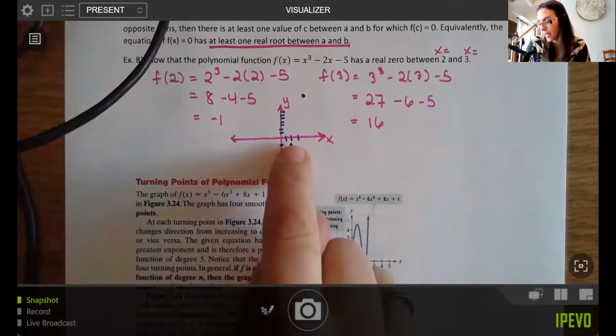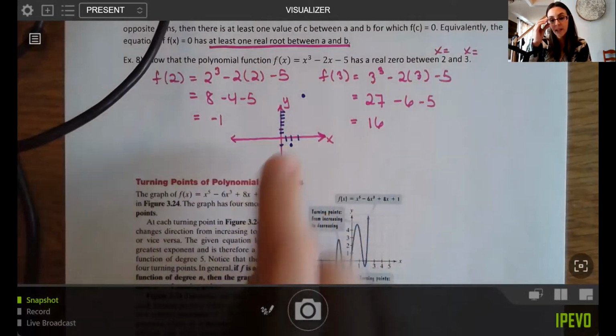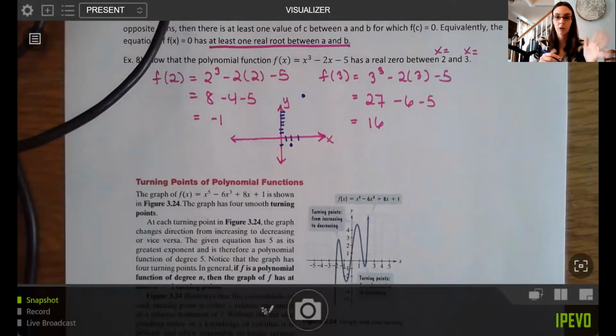Just as a side note, we do have technology that can help us find these values. You can always guess and check, right? You could try plugging in like 2.1, 2.9 and kind of find that solution. But we do have technology. There is a zero function on the TI-83/84 series that can help you find that exact value if you need it. Or if you're on Desmos, you can usually zoom in and find that approximate value.